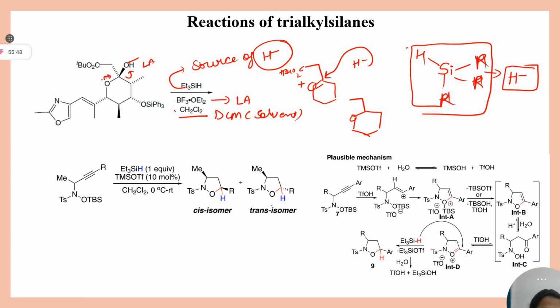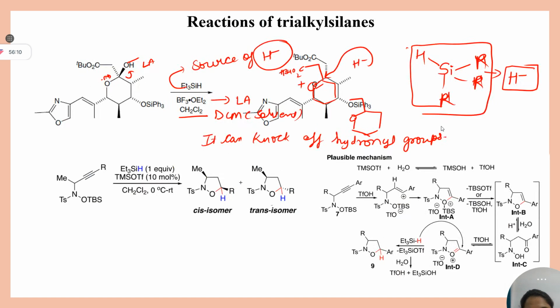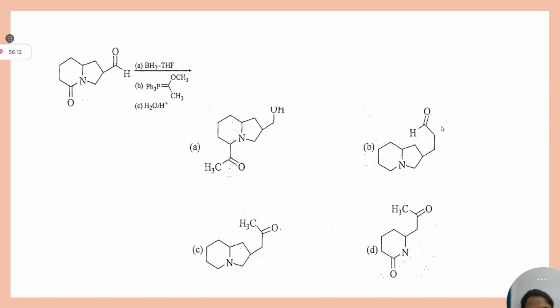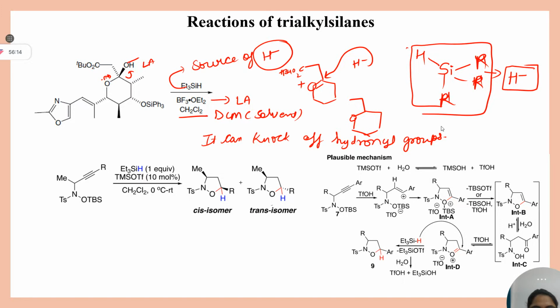So basically what you have seen here is it can knock off hydroxyl groups. Correct? Okay. If everything is clear, can you tell me? Okay, the mechanism is already given on this slide.